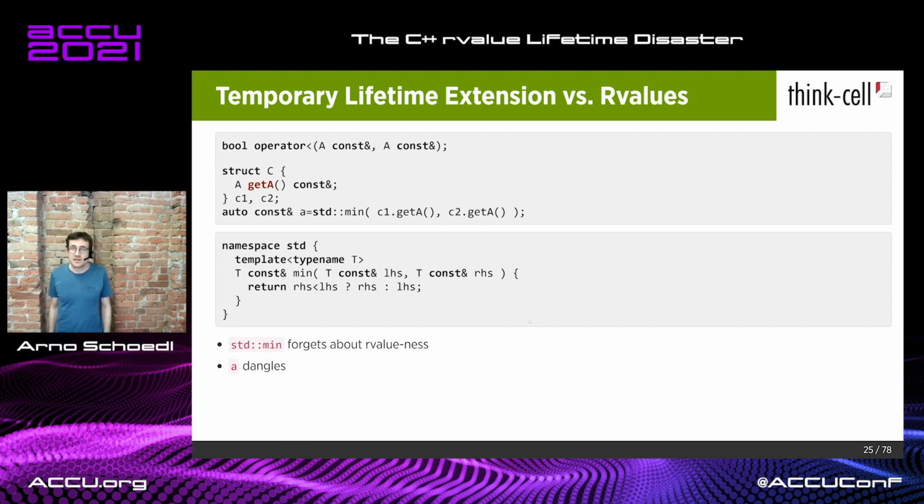Everything is being cast into a const lvalue reference, and then a const lvalue reference is returned. So in the particular code that we wrote up there, that A is actually going to dangle. The temporary lifetime extension is not going to kick in because it just doesn't know that there is a temporary whose lifetime is supposed to be extended. It just gets a const lvalue reference and is happy with it. And next moment, everything goes out of scope and you have a dangling reference.